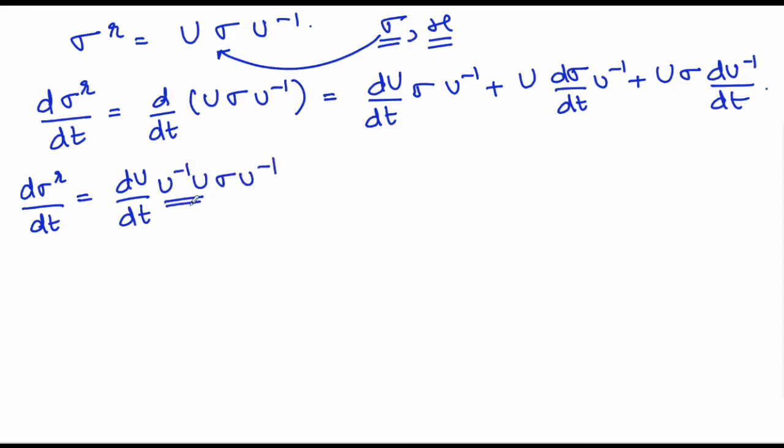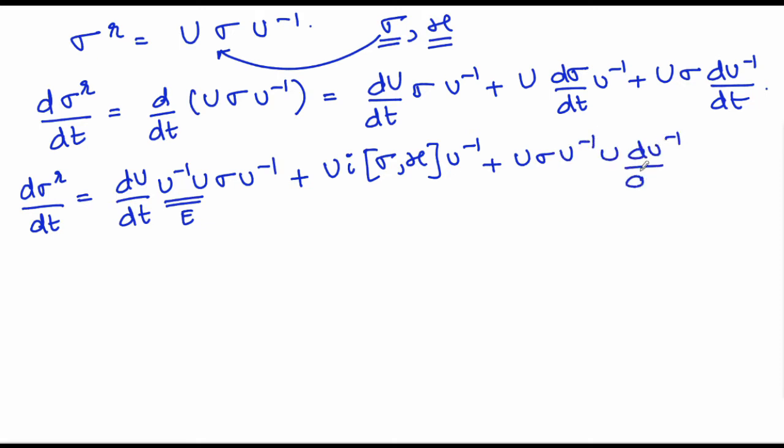As I said, this will be equal to identity, so therefore we can multiply anything by 1. U times minus i commutator of sigma comma H U inverse plus U sigma U inverse U dU inverse by dt. We have done this so that you are able to get the U sigma U inverse term here, which can be represented as sigma R.